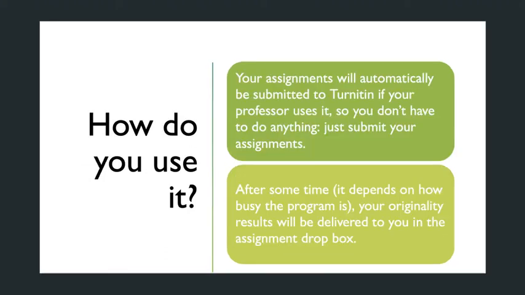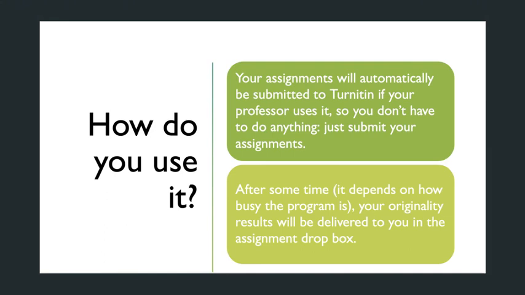So how do you use Turnitin? Like I said, your assignments will automatically be submitted to Turnitin if your professors have set up the Dropbox. So all you have to do is submit your assignment in the appropriate Dropbox on eConestoga. Now, Turnitin does take some time to check your papers.